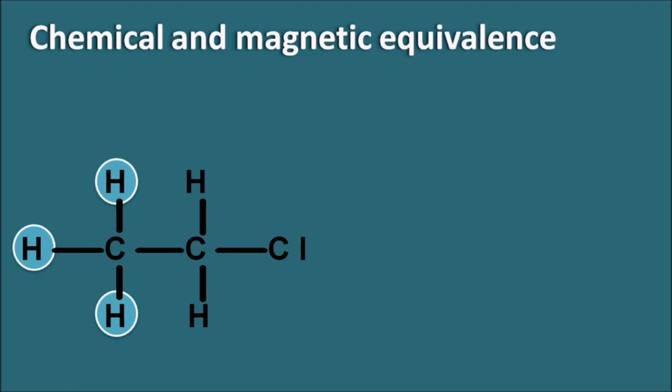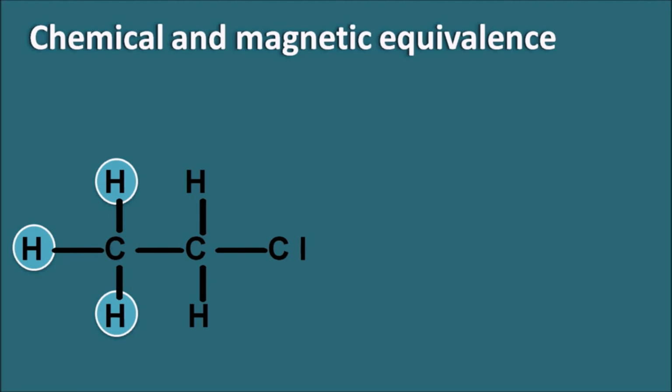So chemical equivalence is the equivalence in the linkage. And since they are connected to the carbon, which is sp3 hybridized, they have a tetrahedral structure and are oriented in a similar way, so they are magnetically also equivalent.